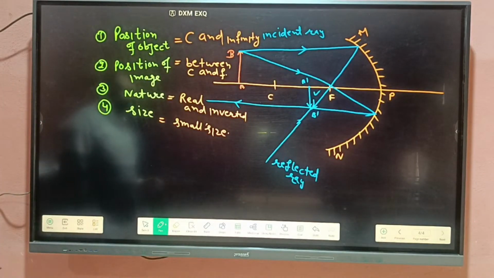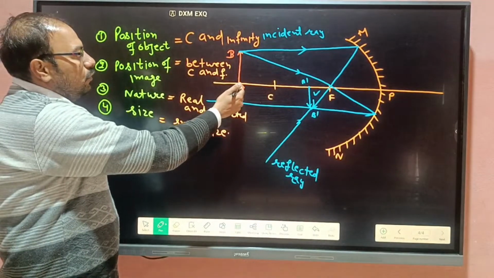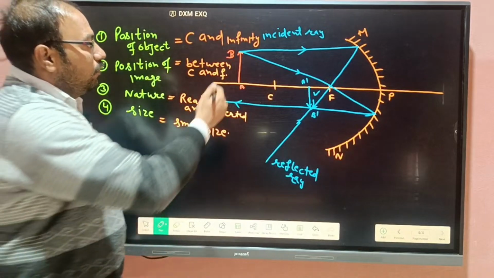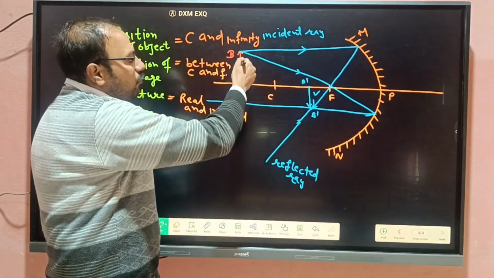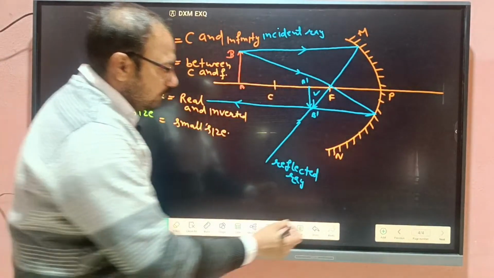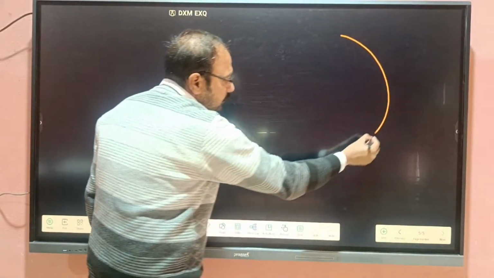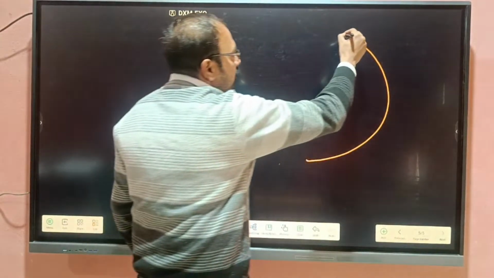And next, when we change the position of the object, we bring the object toward the center. So next, we put the object at C. Here we make the ray diagram.